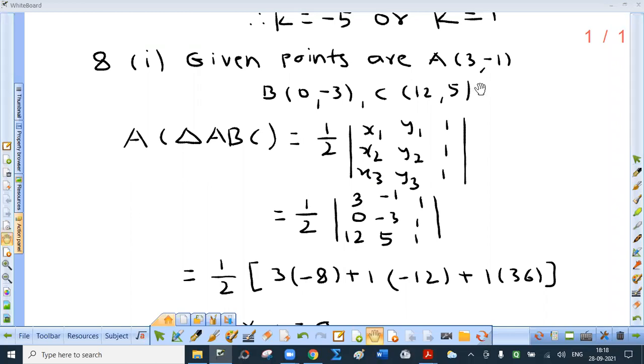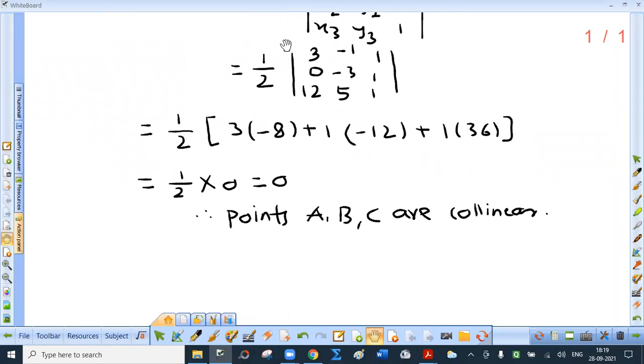Then find slope AB, slope BC. They must be the same. We can use section formula also. This method of determinant. Vector method also. Find out AB bar and BC bar. Find out their cross product. If their cross product is a 0 vector, means vectors are collinear. So points are collinear. So these are the different methods which can be used.